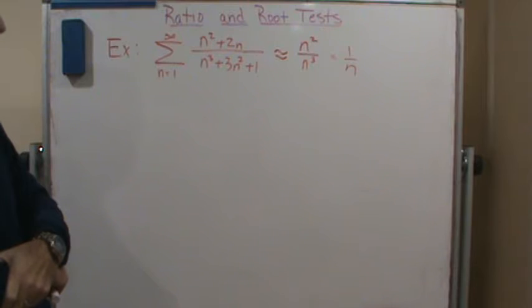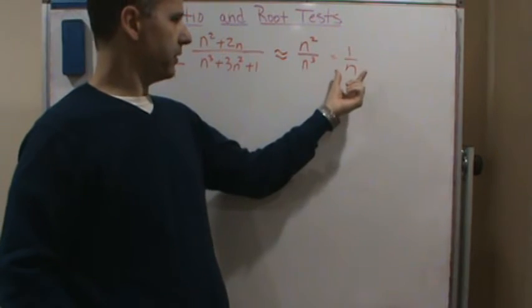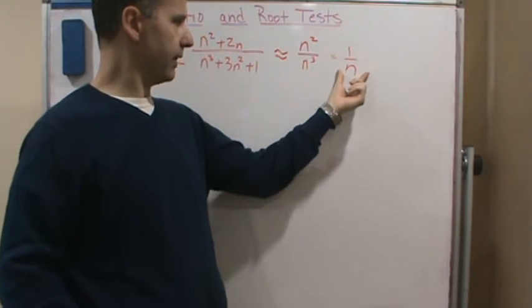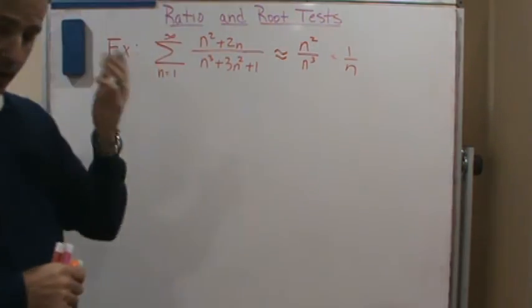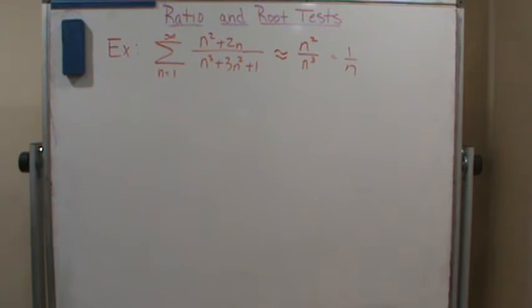Okay. So if I use the limit comparison test, I'm going to compare it to this series here. Since I know that this series diverges, we can use the ratio and see what happens.